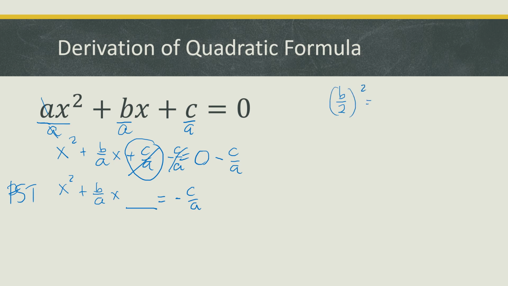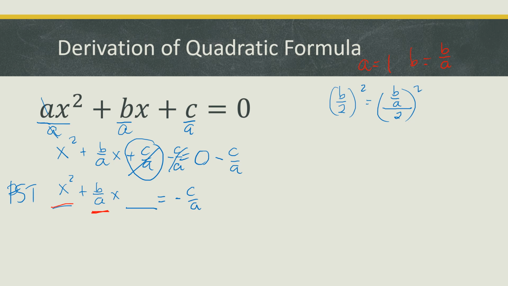Since in our equation, the value of a is 1, the value of b is b over a. So we will now substitute the value of b: b over a divided by 2, squared.